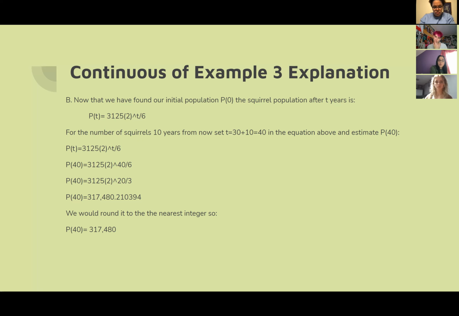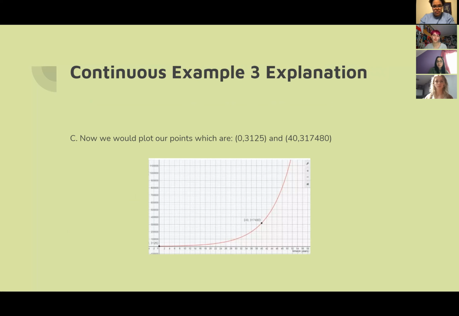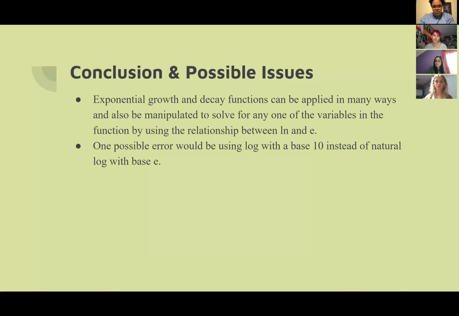And so P of 40 would be equal to 317,480.210394. And we would just round that to the nearest integer. So we would get P of 40 is equal to 317,480. And for C, we would just plot our points onto a coordinate plane.